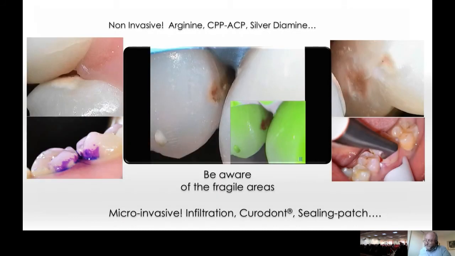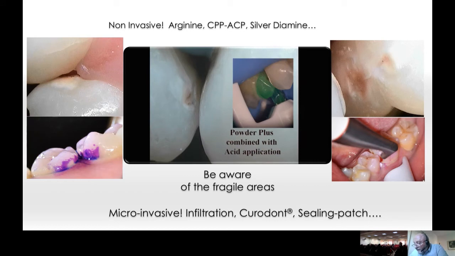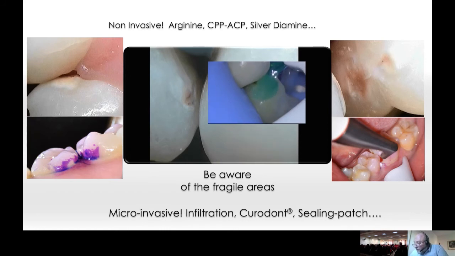And also for proximal lesions, always first disclose, then clean the tooth with erythritol and decide carefully the ad hoc treatment. You have the choice between Icon infiltration, Curodont, sealing patch, or even silver diamine fluoride. Here's a video.